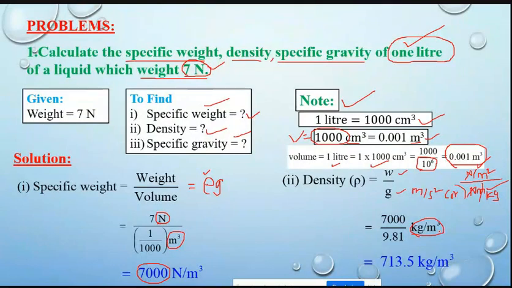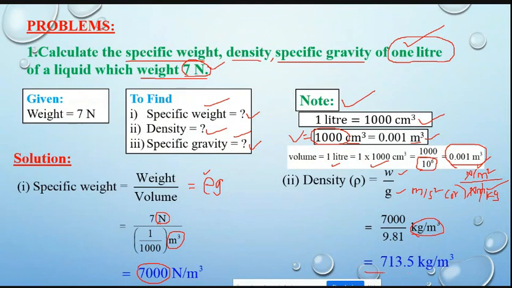The next value that we have to find here is the specific gravity. What is the formula for specific gravity? Actually, it is density by density, that is, density of the liquid divided by density of the water. The density of the liquid is available.